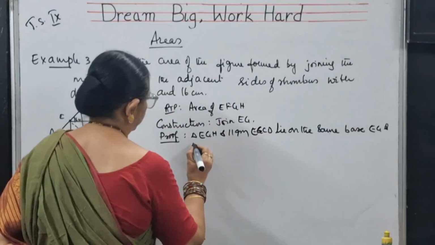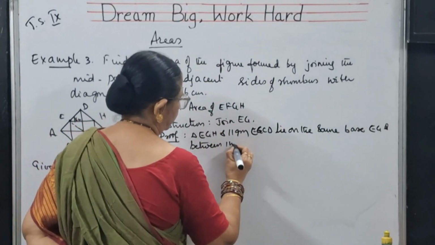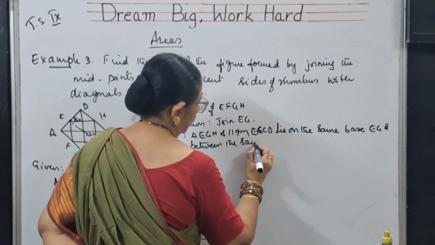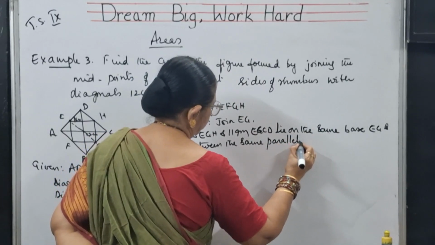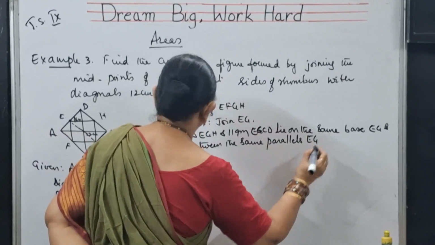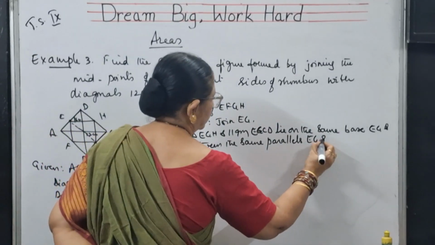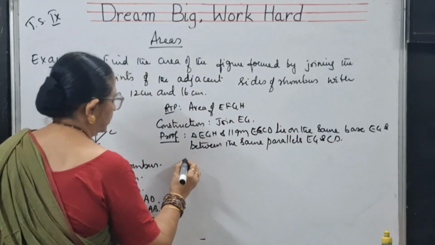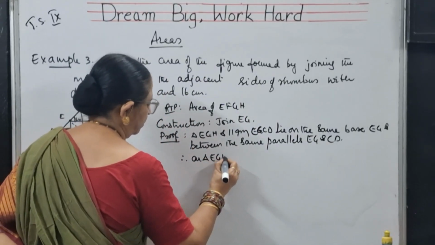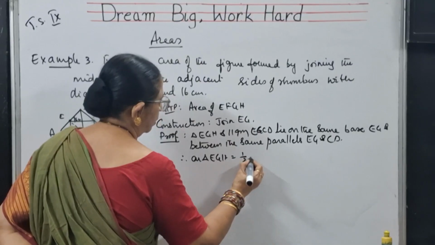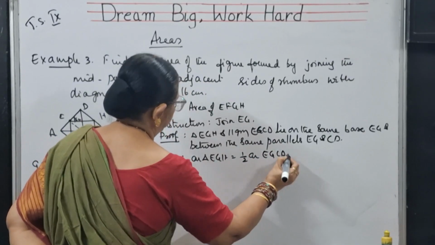And between the same parallels, EG and CD. Therefore, area of triangle EGH is equal to half of area of EGCD.